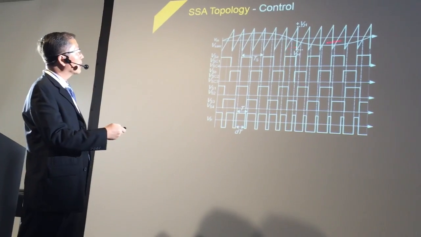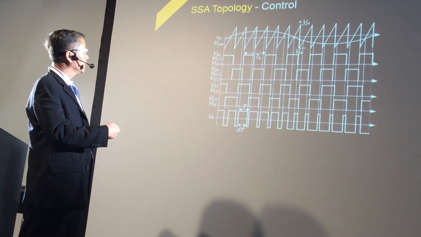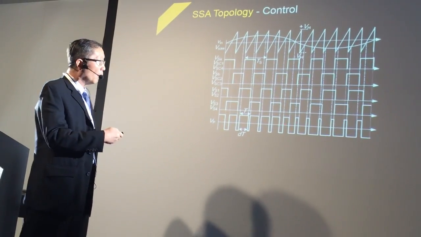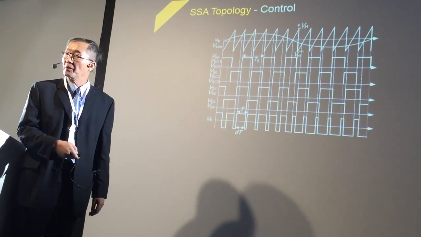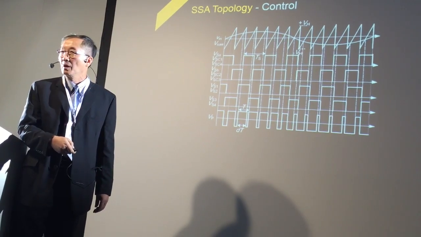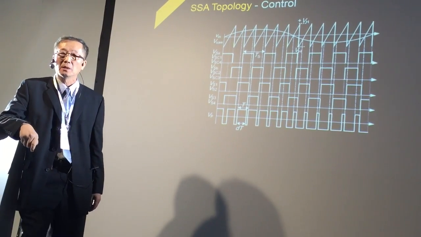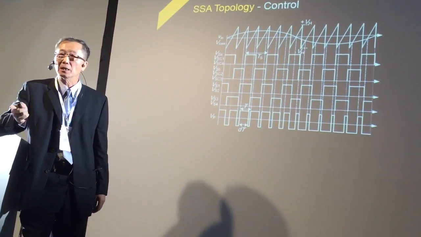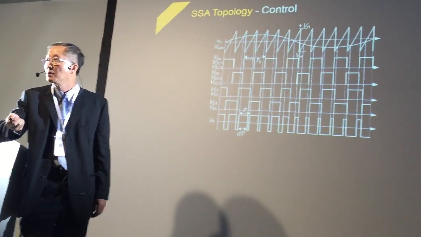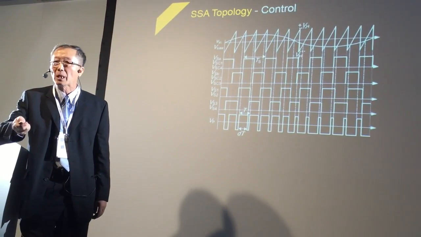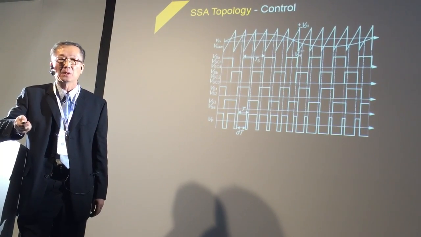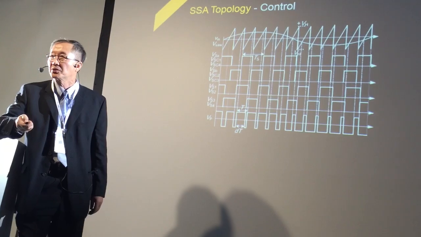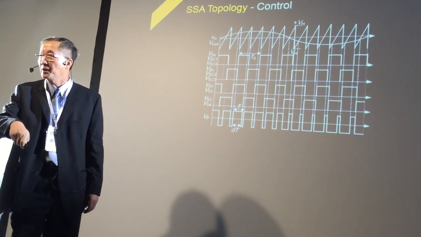Okay, here's some main waveforms. You can see all the switches in the system working at a 50% duty cycle. That's the important concept. Because like a conventional class D working on pulse width modulation, you have to have the dead time set up for all switches for the crossover distortion.